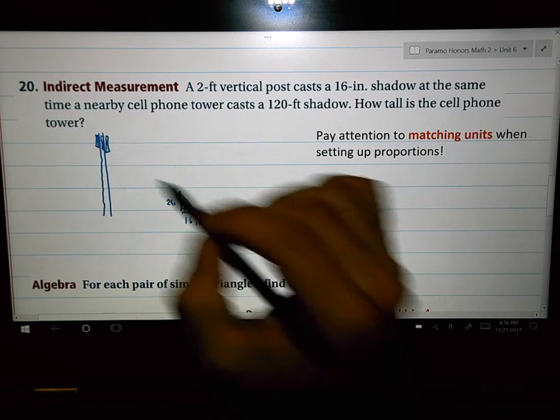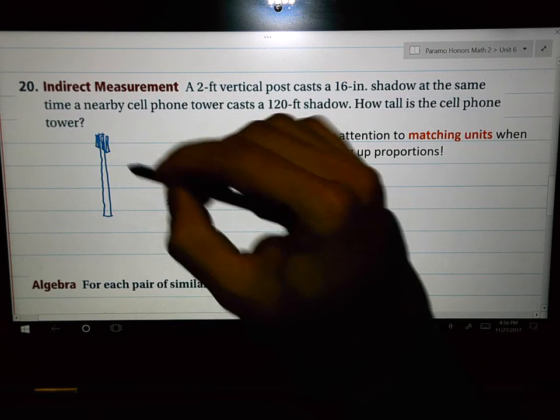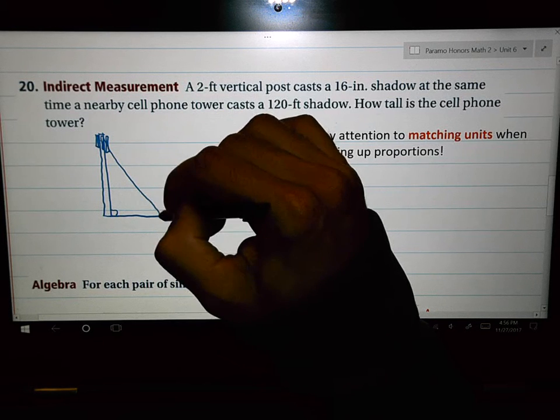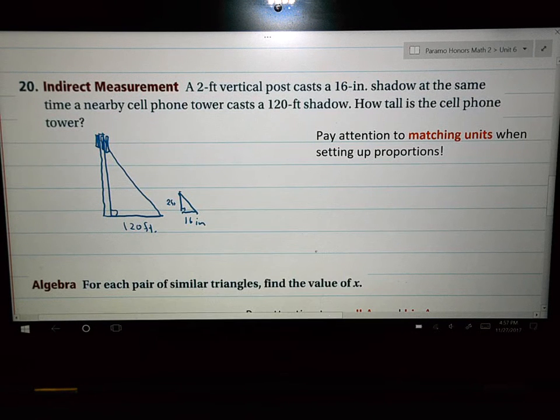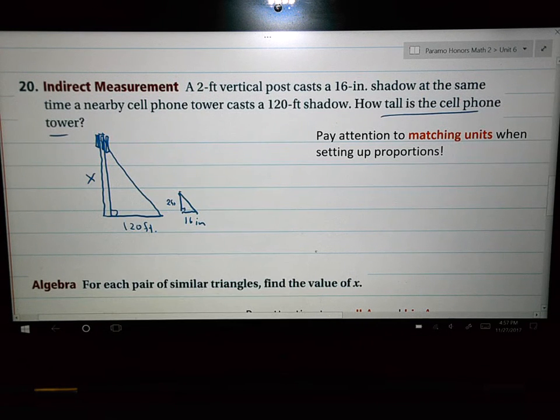Or if it's fancy, it's a fake tree, but there's our cell phone tower. And then there's going to be a shadow of the cell phone tower. And it has a 120-foot shadow, just like that. How tall is the cell phone tower? That's our X.